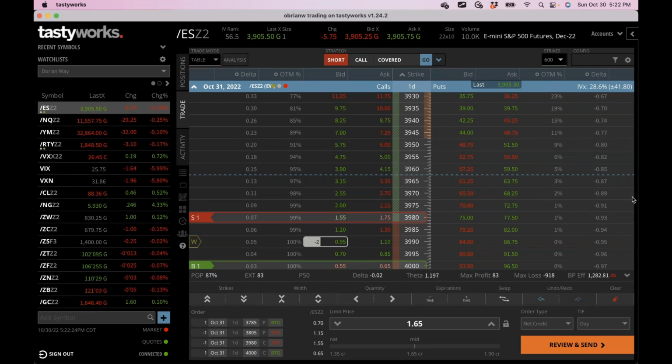For example, even on Friday when the market kept going up, on the original trade that we put on Thursday night, when we put the call side on, we were at the 39.30. We never hit that, right? So that would have been a really good trade, even though the market went up 100 points. So you have to be able to structure this type of trade well, and you shouldn't have too many problems.